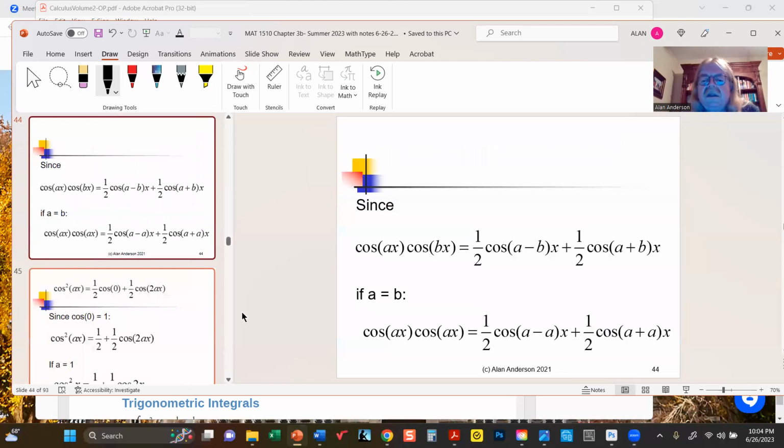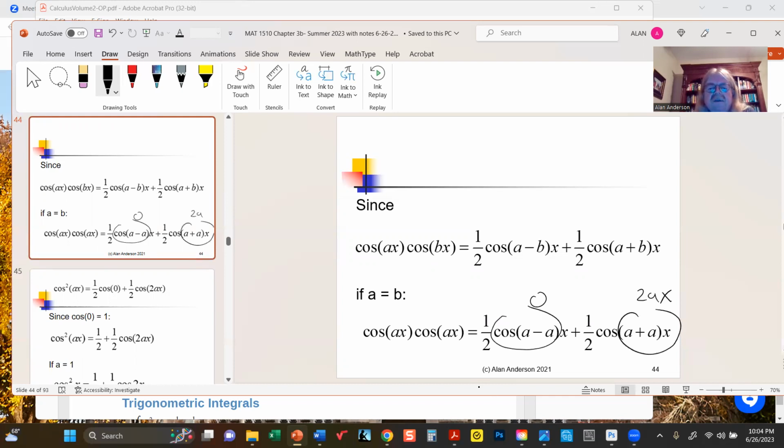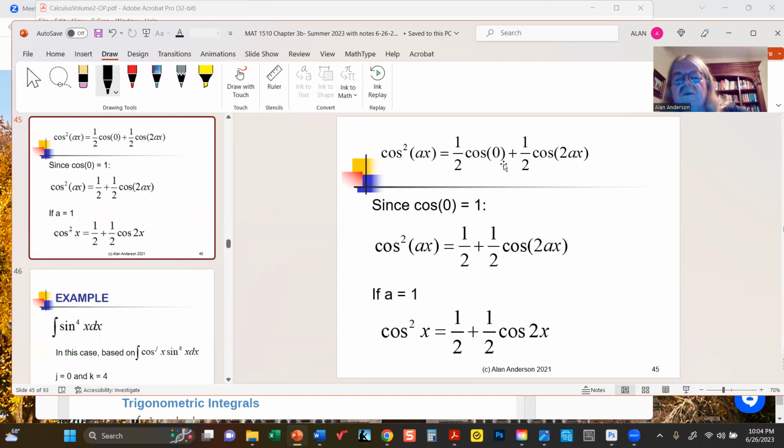Anyway, so for cosines, this is the formula. Once again, we'll assume A equals B. Here we have 0. Here we have 2AX. This can be thought of as cosine squared of AX. And then, once again, the cosine of 0 is 1.